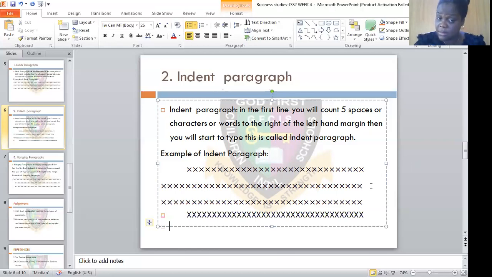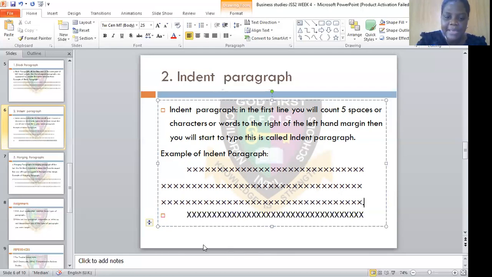When you get to the end of that row, you click enter and you start typing from the left margin. When you are done with that paragraph, you press full stop. Don't forget, you press full stop.